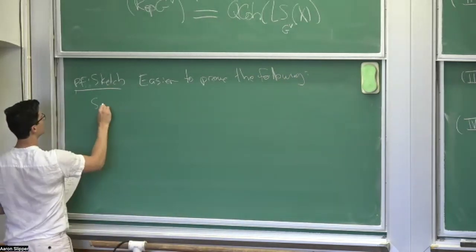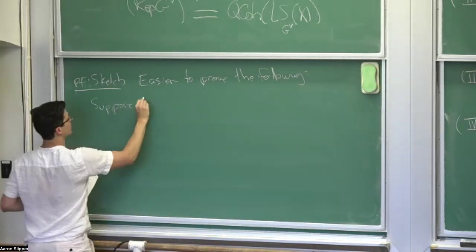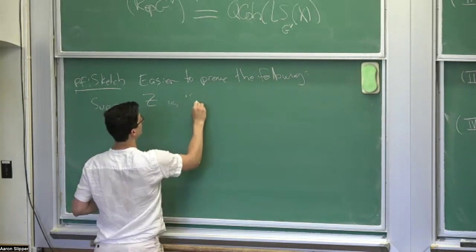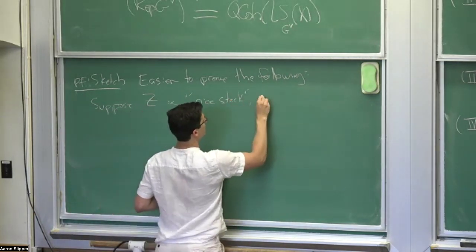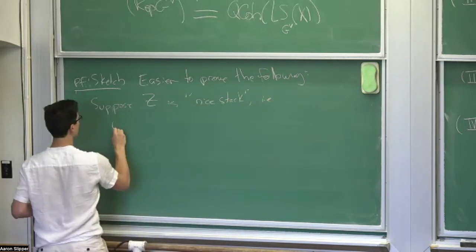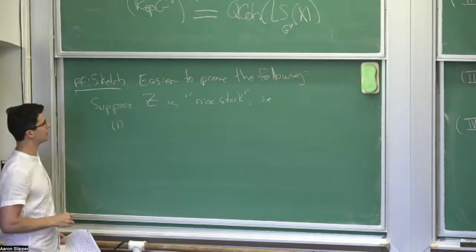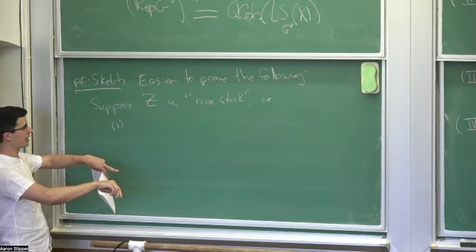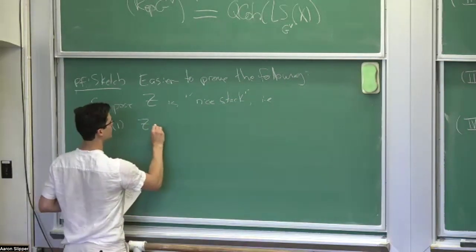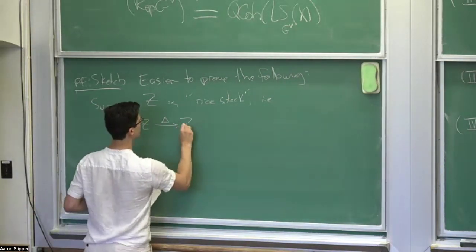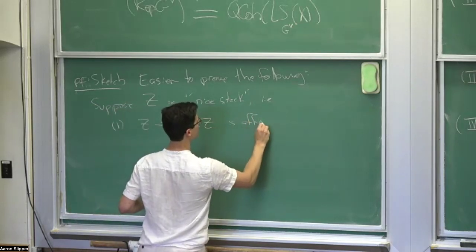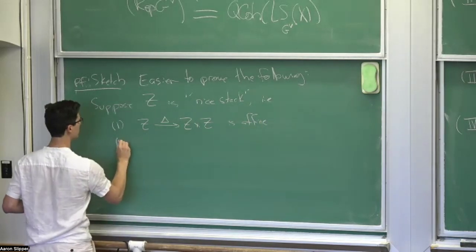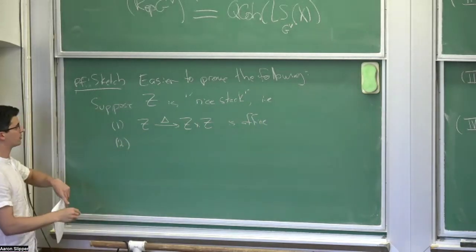So suppose Z is a nice stack, which means one, that the diagonal embedding is affine. And two, that quasi-core of Z is dualizable.